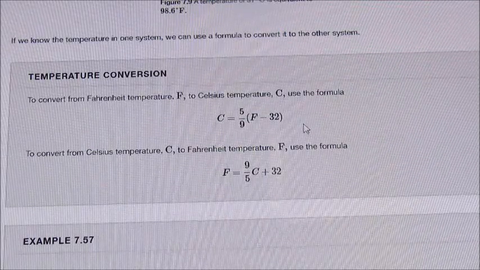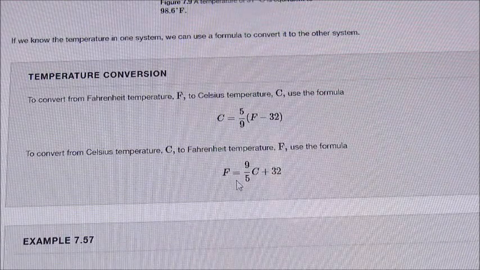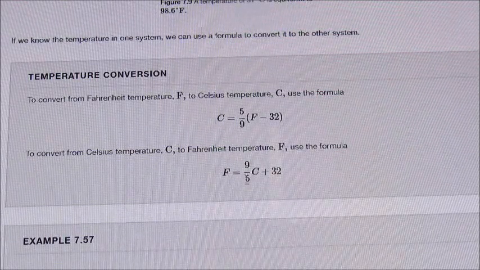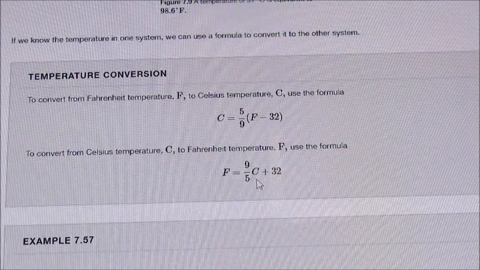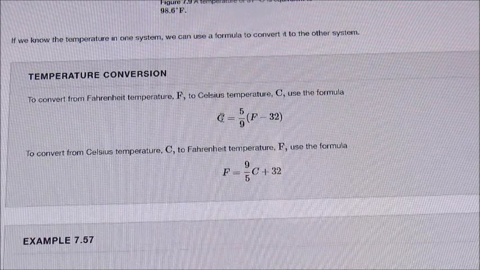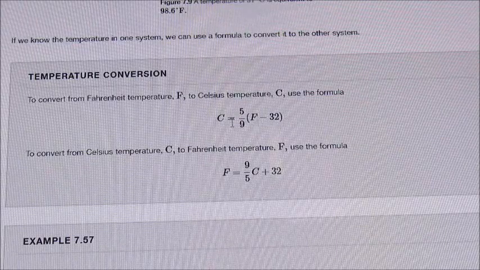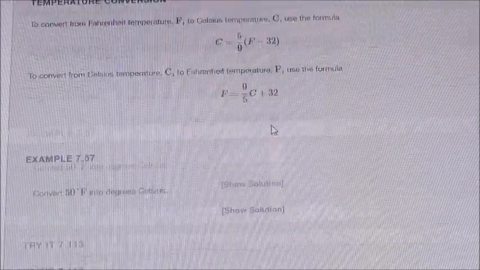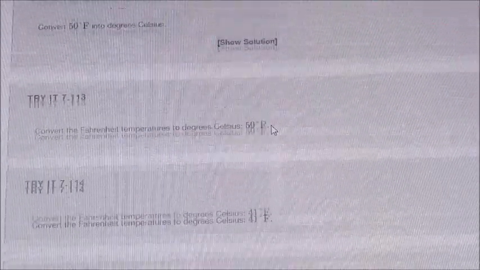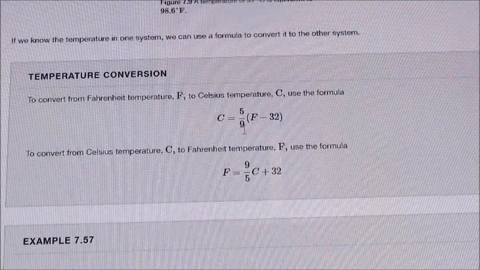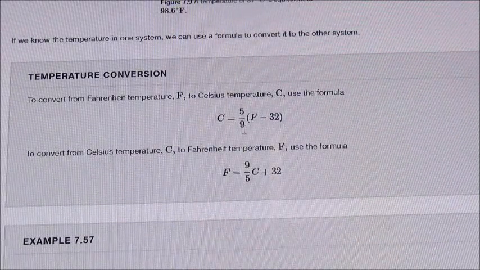You can also, if you don't like fractions, for this one here, use F equals 1.8 times C plus 32. And then here, you have C equals F minus 32 all over 1.8. And those will work as well. Whenever I do examples, I use the fractions just because that's what I learned first.